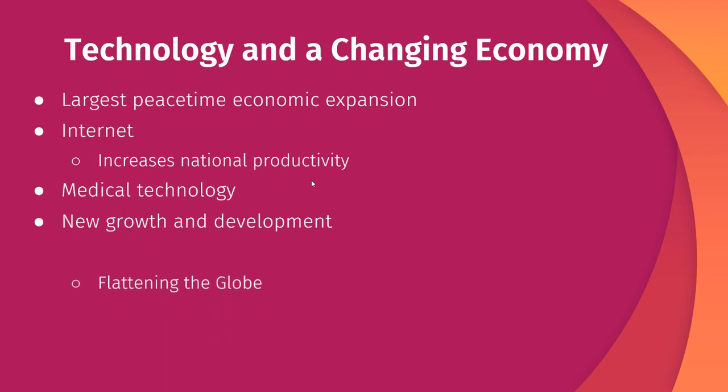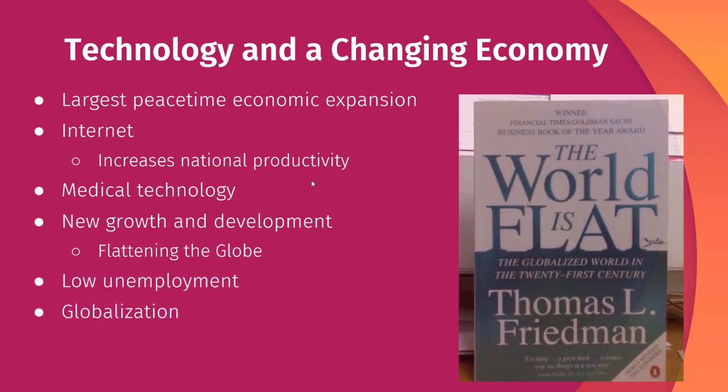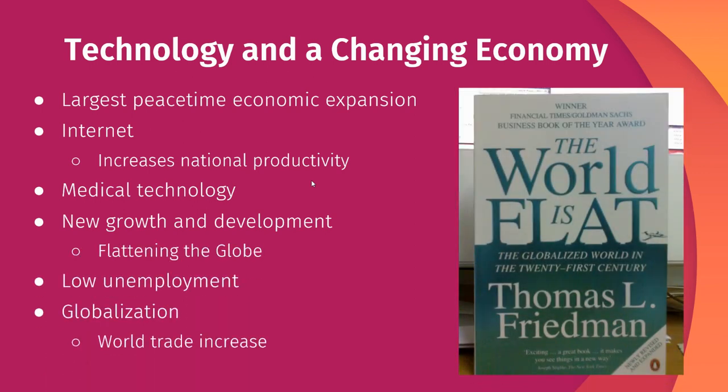A part of this has to do with globalization, which is the buzzword of the 1990s. And the internet is what is really going to make a lot of this possible. It's going to shrink the time that the world needs to communicate, and it's going to increase the pace of everything, especially the pace of the business world.